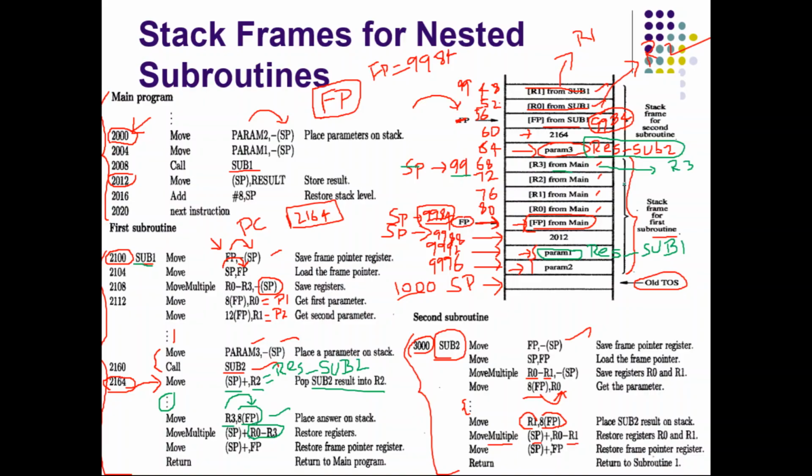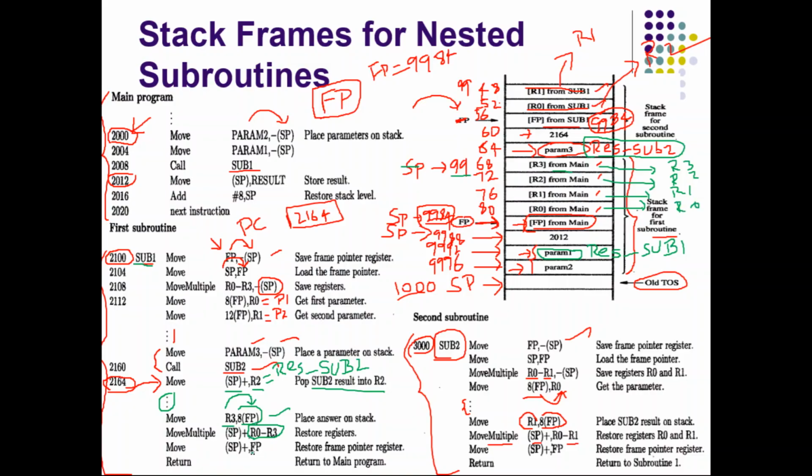Again this content will be moved to R2, and SP will be incremented to 76. Again this content will be moved to R1, and SP will be incremented to 80. Again this content will be moved to R0, and after that SP will be incremented to 84.